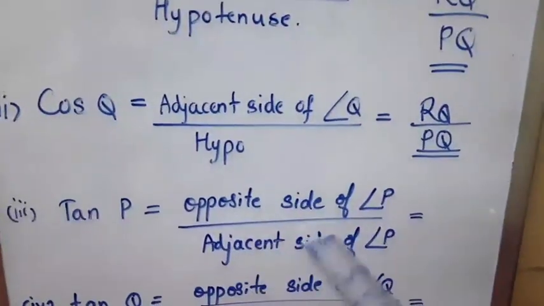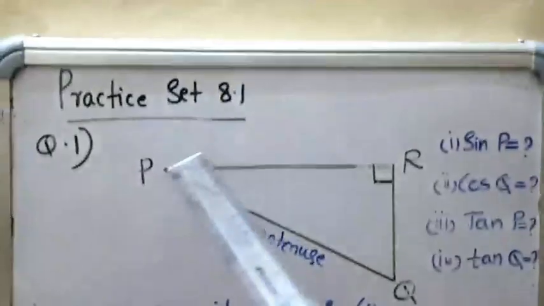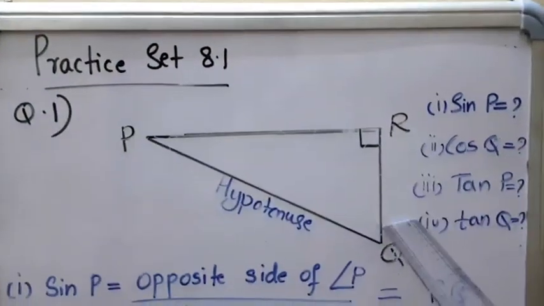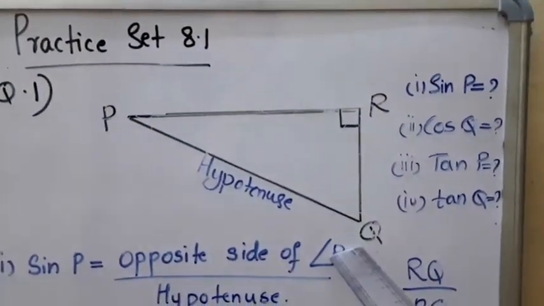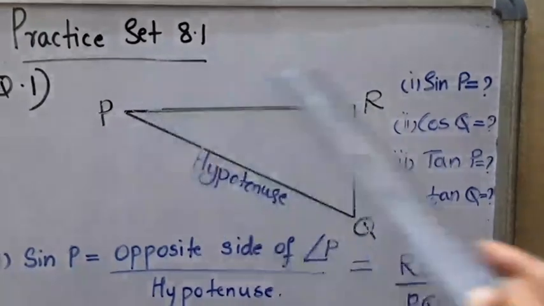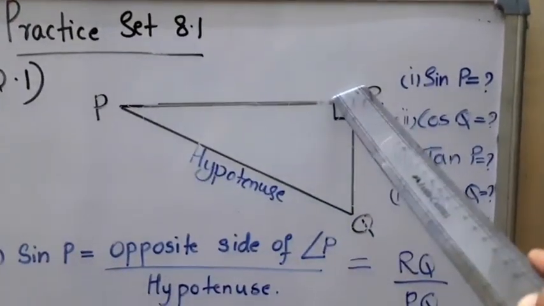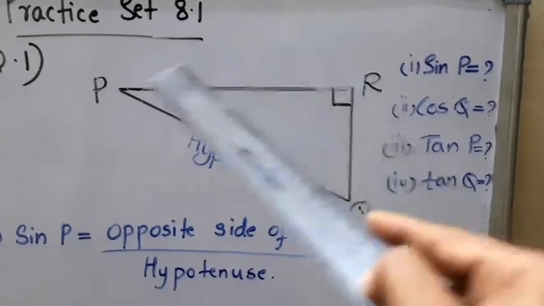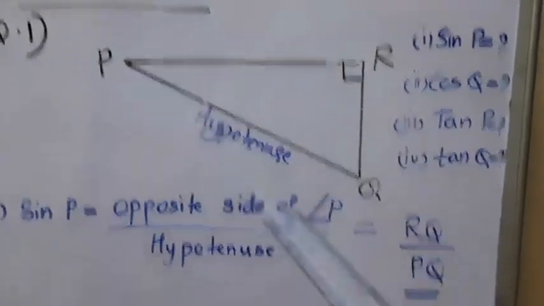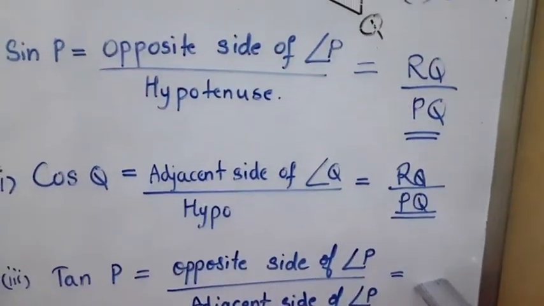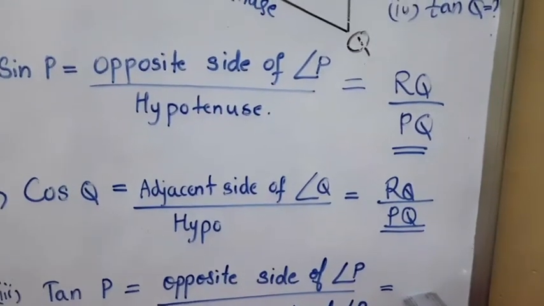Then the adjacent side of angle P: if this is the opposite side, this is the hypotenuse, then the side left is PR. Therefore PR is the adjacent side of angle P. Therefore you will write RQ upon PR.